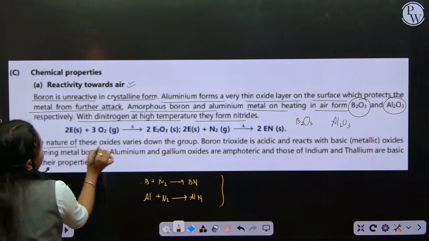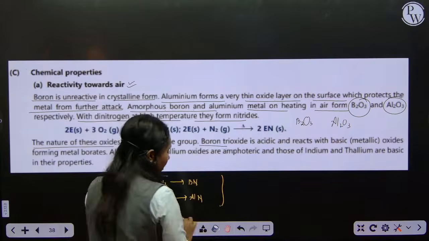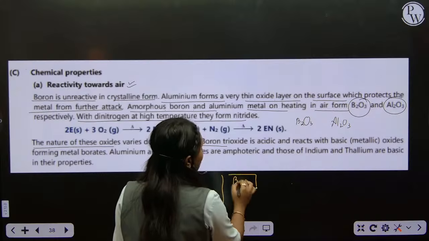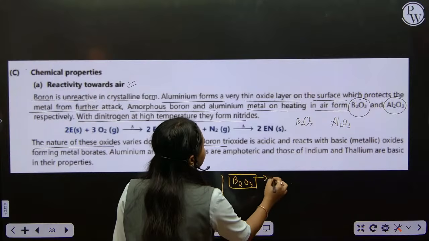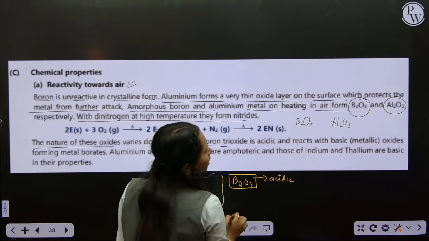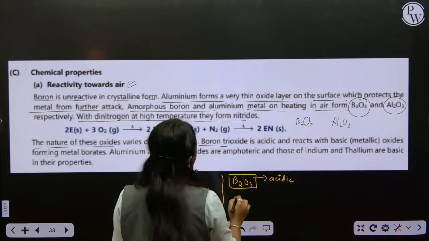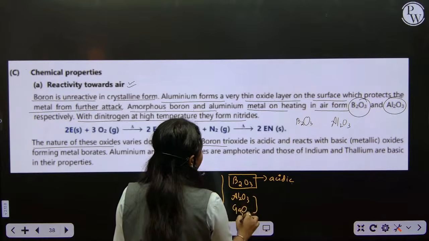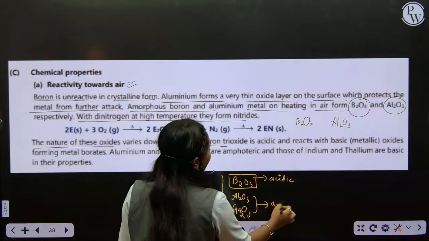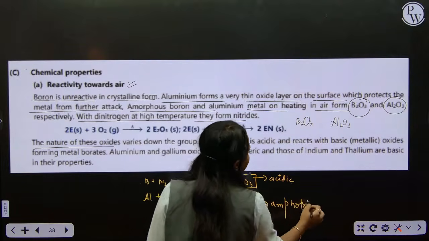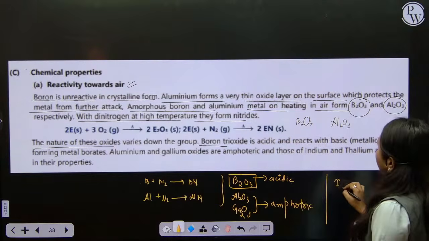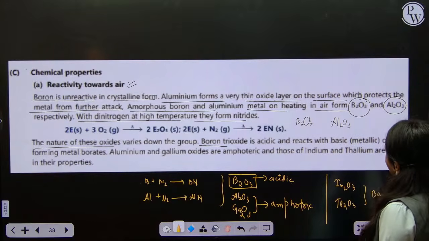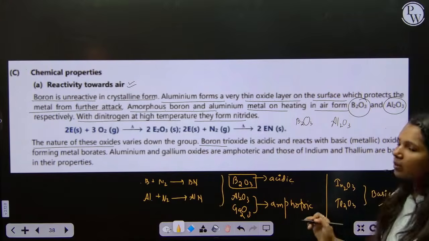The nature of these oxides: boron trioxide is acidic. Please remember this, it is very important, B2O3 is highly acidic because boron is a non-metal. Aluminium and gallium oxides are amphoteric. Indium and thallium oxides are basic. So remember this, okay?